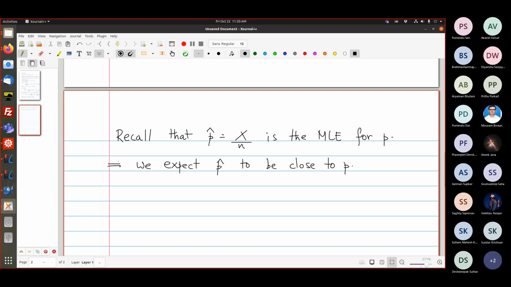No pun intended. So we will approximate square root of np(1 minus p) by square root of np hat (1 minus p hat). This is what we will do.